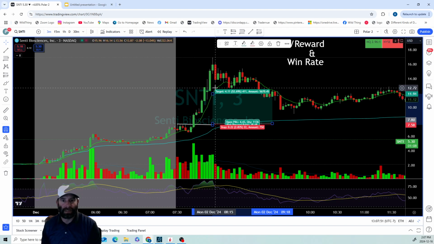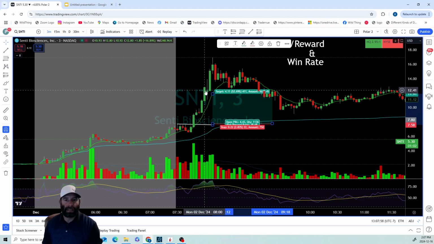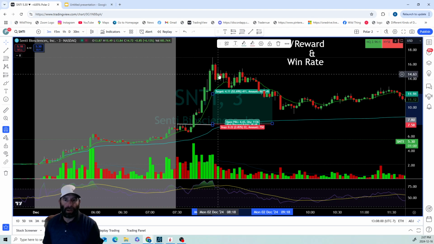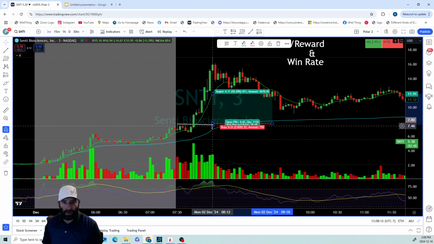It becomes a big question mark. So selling another 20 shares in this area makes sense, and then hold on to that last 20 until the first candle to break the low of the previous candle, or until we get a candle that breaks below the 9 EMA.